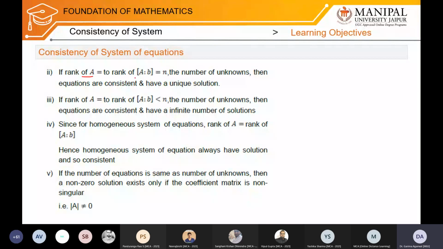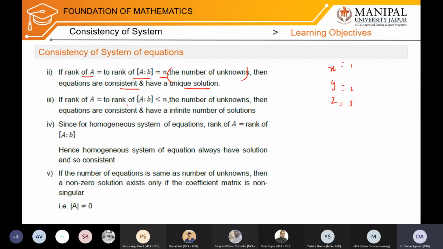If rank of A equals rank of augmented matrix equals n, n is what? The number of unknowns. Then the equations are consistent and have unique solution, right? Unique solution means specifically we'll get the value of x, y, z, like any particular value 1, 2, 3, something like that, right?